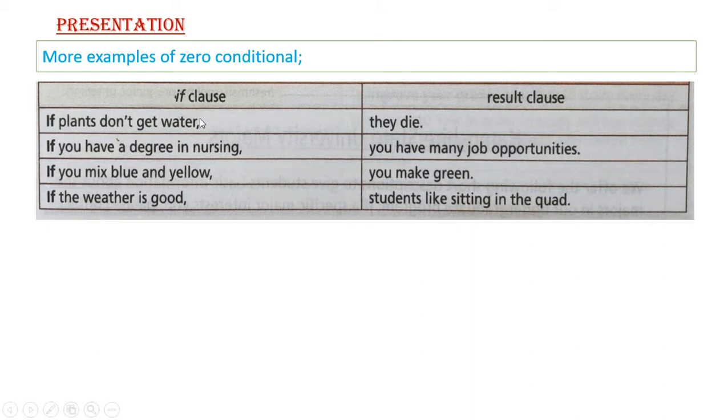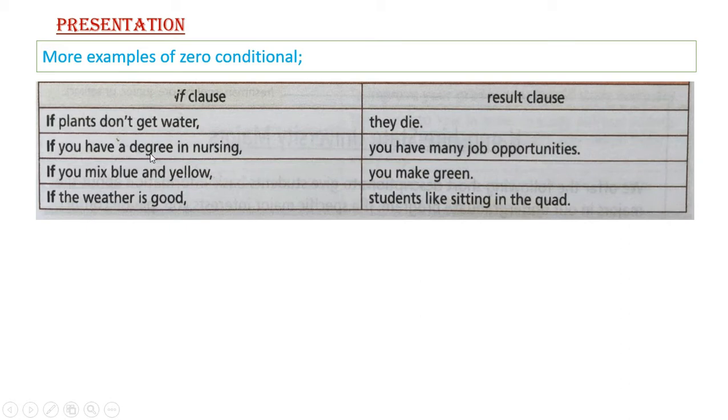Let me continue with more examples. If plants don't get water. Imagine you don't water the plant, so what happens? Of course, if plants don't get water, then they die. It's true. If you don't give water to the plants, they die. If you have a degree in nursing, you have many job opportunities.